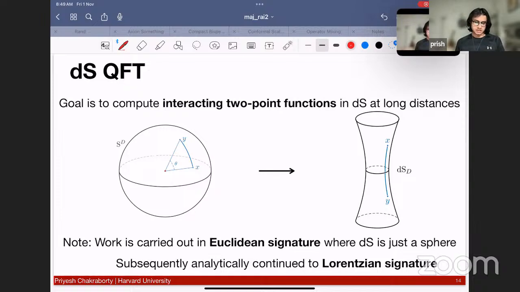And the way we'll do that is by analytic continuation. When you analytically continue de Sitter, it becomes a sphere. So we'll be calculating correlation functions on the sphere, and carefully analytically continuing our results onto Lorentzian signature.